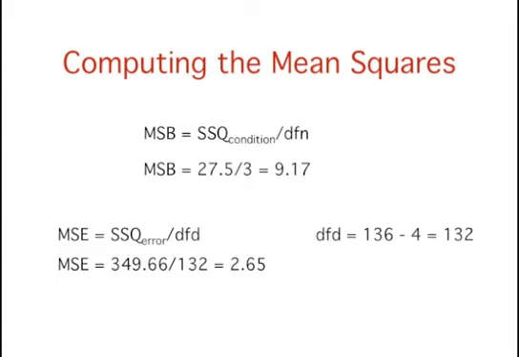Therefore, for these data, MSE equals 349.66 divided by 132, which equals 2.65, which is the same value as obtained previously by calculating the mean of the sample variances, except for rounding error. Note that the DFD are often called the DFE for degrees of freedom error.